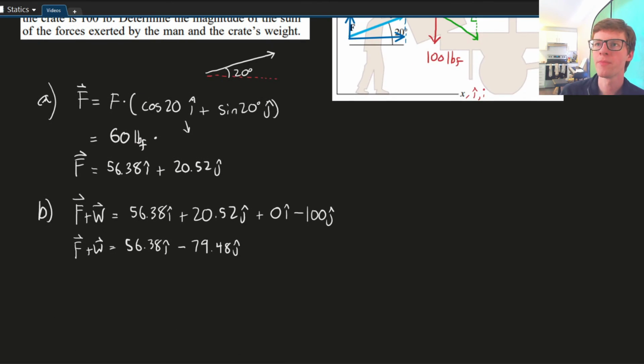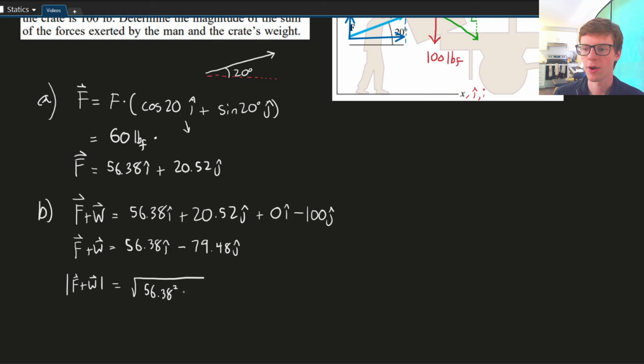So what we do is we say that the magnitude of F plus W, which is how it's notated with two absolute value bars, is going to be equal to the square root of 56.38 squared plus 79.48 squared.